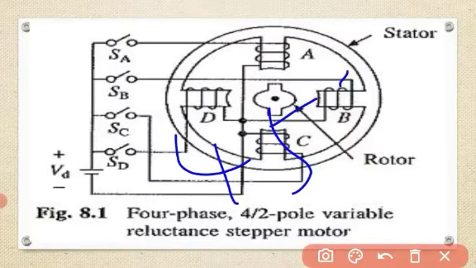So here the conclusion is, when we are exciting both phases A and B, the resultant air gap field axis is such that the rotor turns by 45 degrees in the clockwise direction.